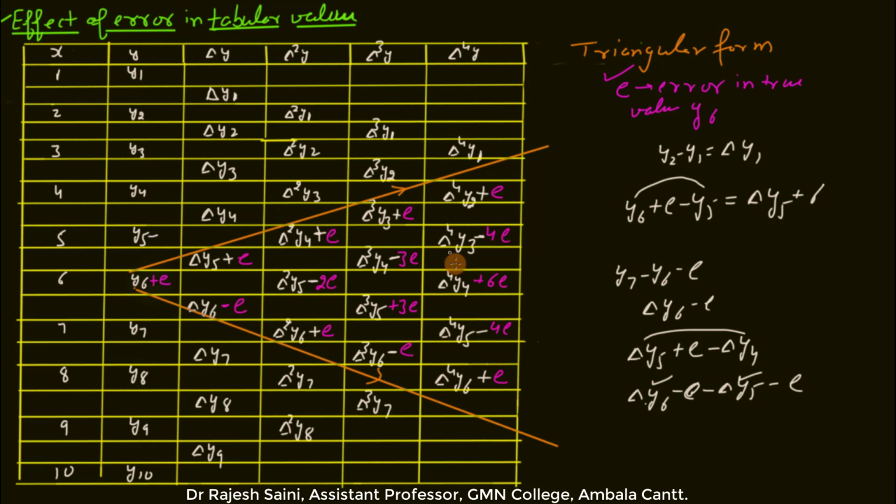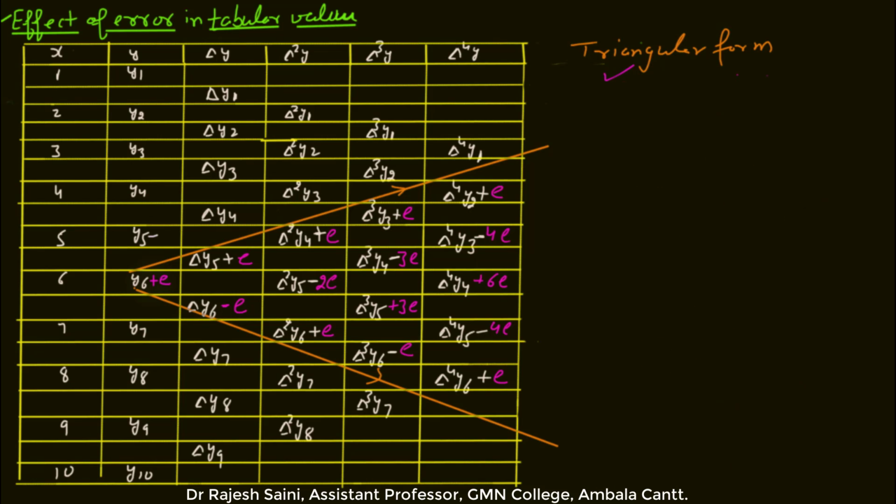So now from here we will make some observations. The observation is, the sum of the errors in every column, whether it is an odd difference column or even difference column, the sum of the errors is always 0. Like here is plus e, plus 6e is plus 7e, plus 8e and minus 8e. So sum of error is 0. Here is also minus 3e plus 3e minus e plus e. So this is also 0.